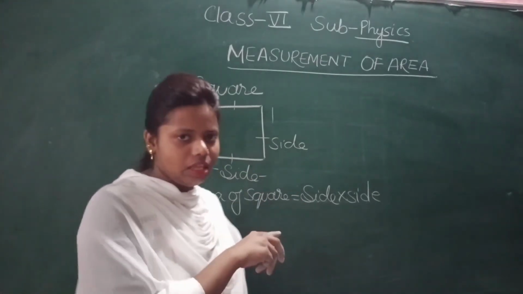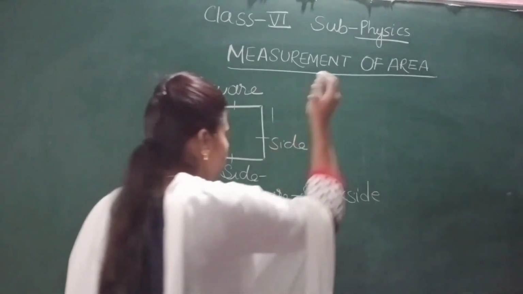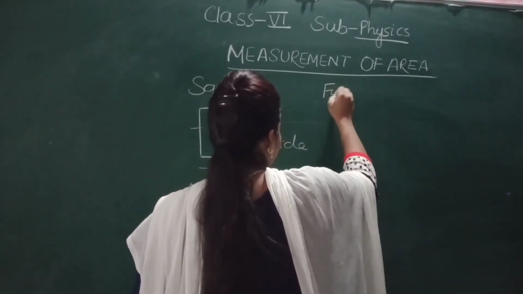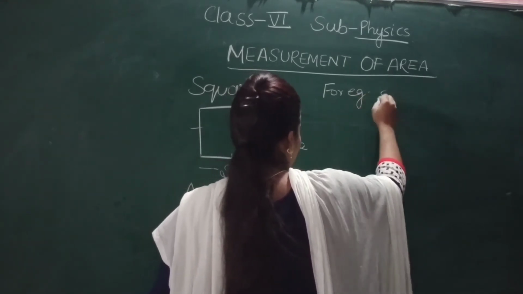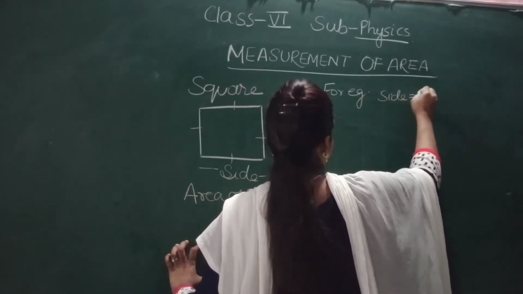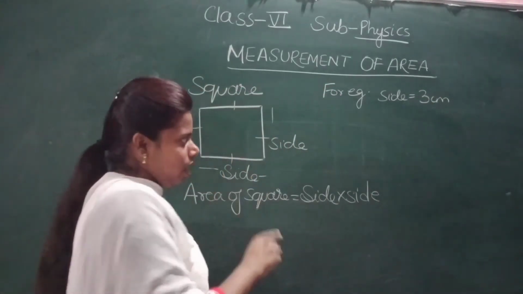Now for example, I will show you how to find the area of a square by using the formula. Side is given, 3 centimeter. We have to find the area of the square.